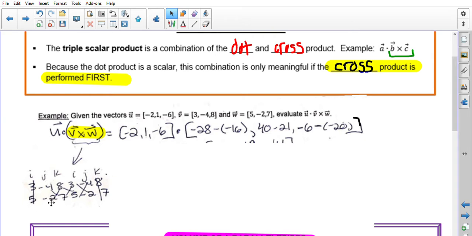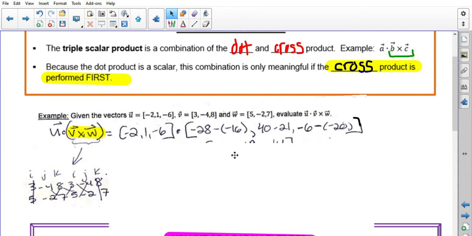So we're going to get -4 times 7, so -28, minus -2 times 8, so minus -16. Then we have 8 times 5 minus 7 times 3, so 40 minus 21. 3 times -2 minus 5 times -4, so -6 minus -20.